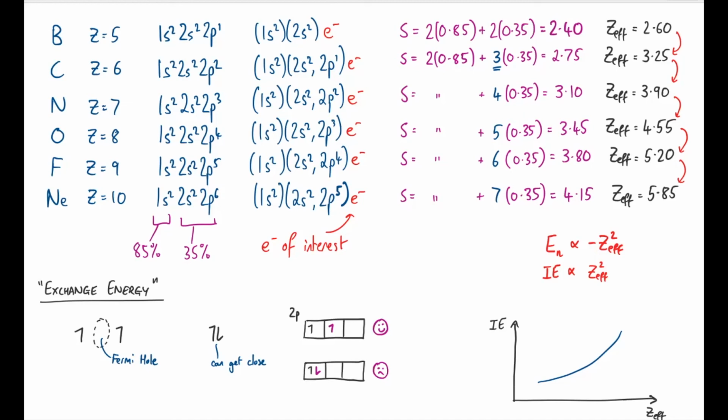Now this has some consequences when we're considering the ionization energy. So we need a way of quantifying this effect. The way this is done is to consider the interaction between the 2 electrons that are in the spin parallel state at the top. And we say for every pair of parallel spins, we get a K of exchange energy. And that's just a letter to represent the amount of energy associated with the benefit of having things spin parallel.